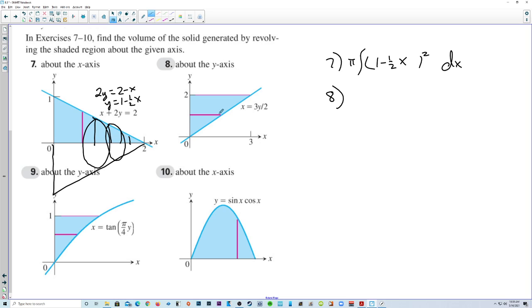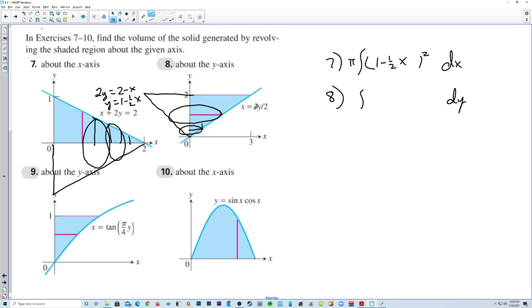Number 8, we're rotating now around the y-axis. So these cross sections are still circles, and now they're stacking up along the y-axis. So we need to integrate with respect to y. Well, this already says x equals. When we integrate with respect to x, we need to see y equals.